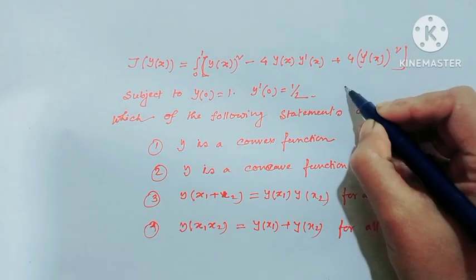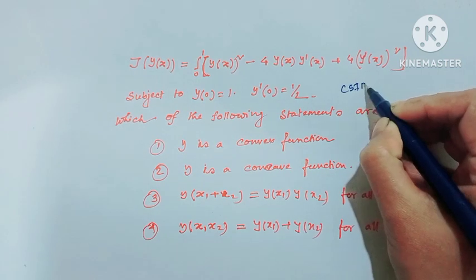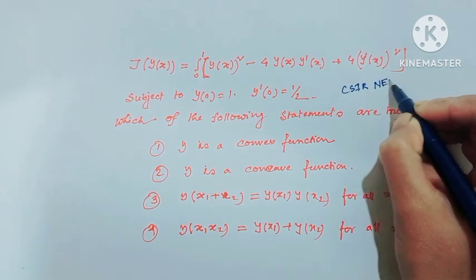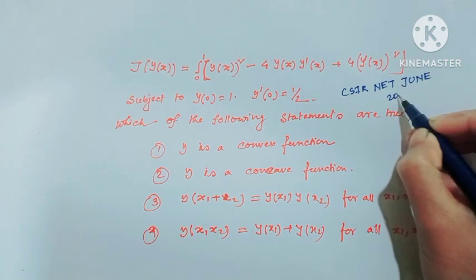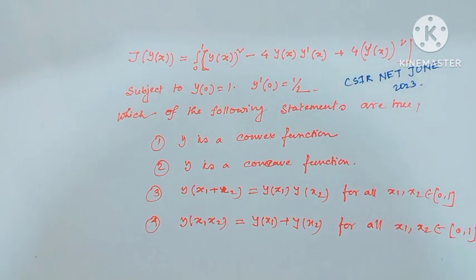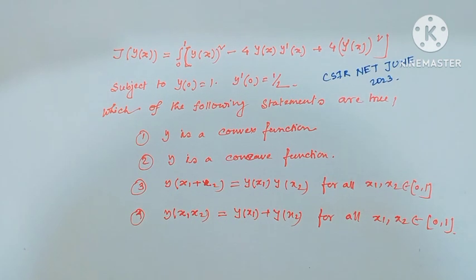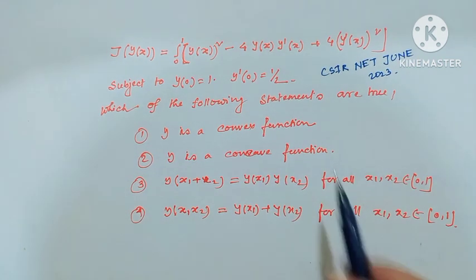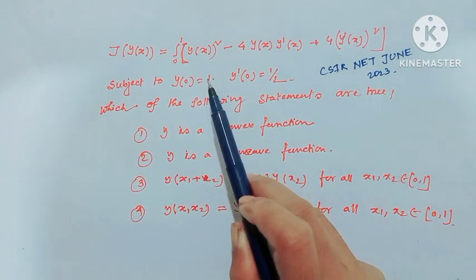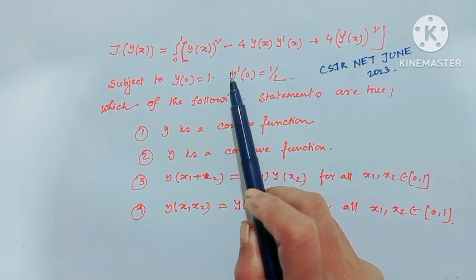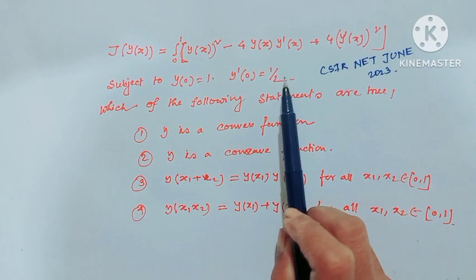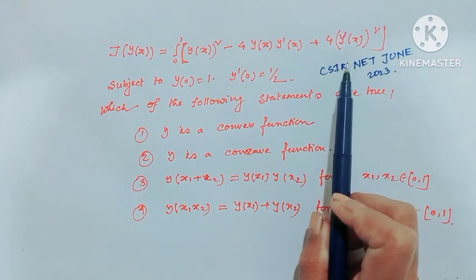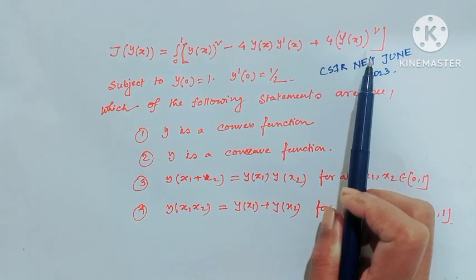Our next example, which had come in CSIR NET June 2023 exam. The question is, this is the extremal and the given extremal is y(x) whole square minus 4 y(x) y prime(x) plus 4 y prime(x) whole square.